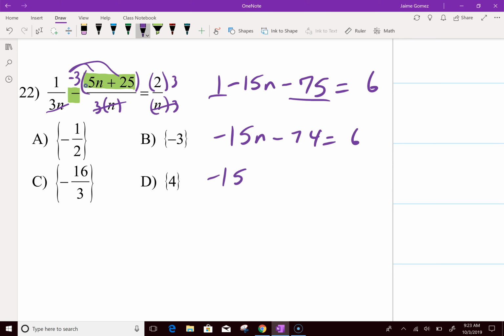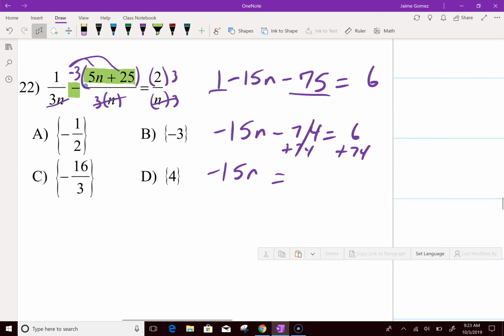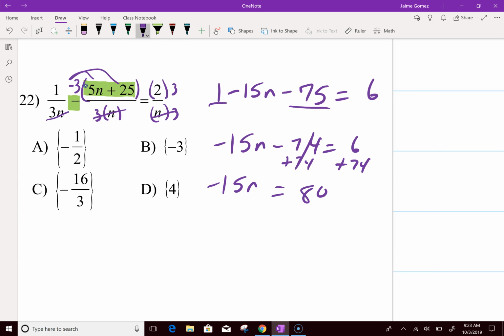So the negative 15n, if I add 74 to both sides, right, because numbers go with numbers. Oh, that one doesn't cancel, that's a 0. That one cancels. 6 plus 74 is 80.